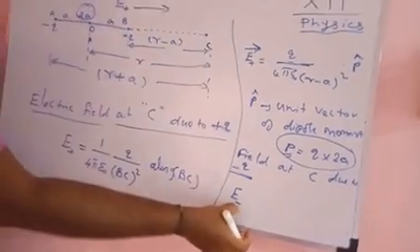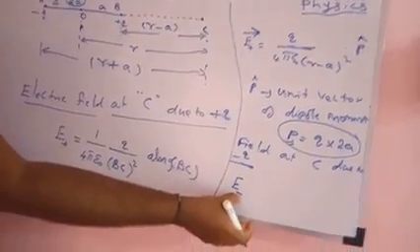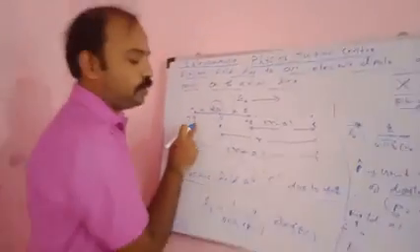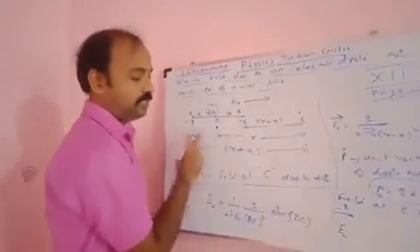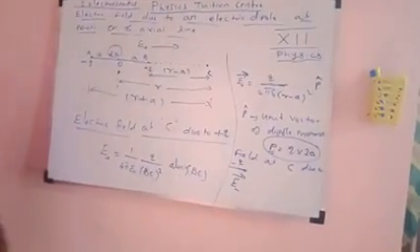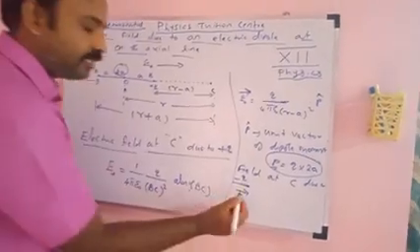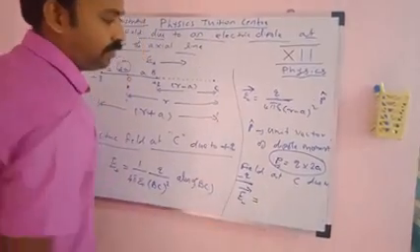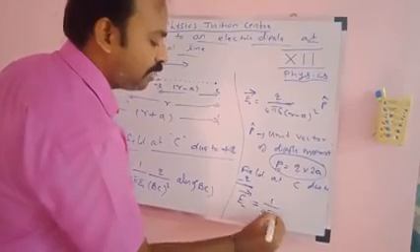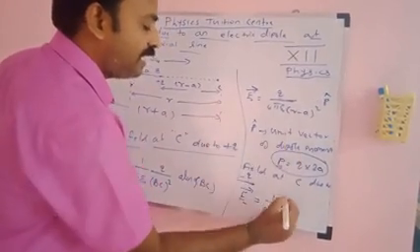The minus is because it is the electric field at point C due to the negative charge. So E minus is also in this direction. That vector is equal to 1 by 4 pi epsilon 0 into minus q.